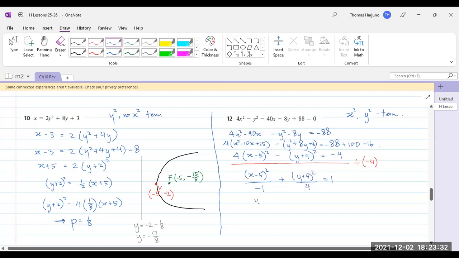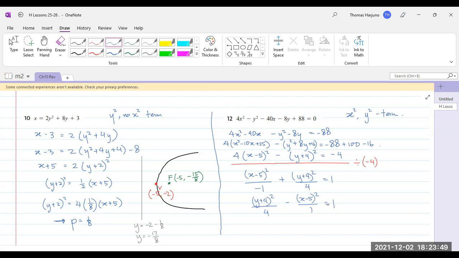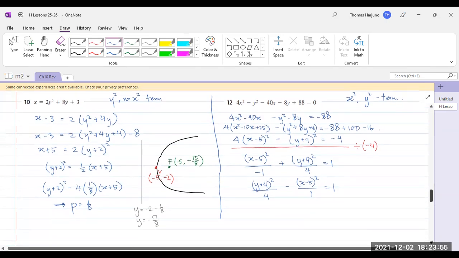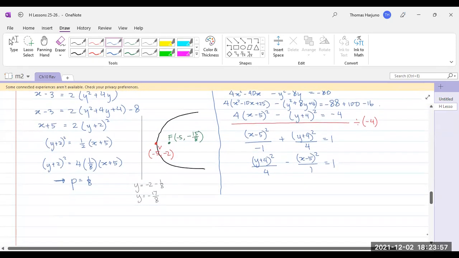This is (y plus 4) squared over 4 minus (x minus 5) squared over 1 equals 1. So you see a lot of rewriting. But can I just write (x minus 5) squared without the over 1? Actually, you can, but I don't think you want to do it that way because you want to make it feasible, right?